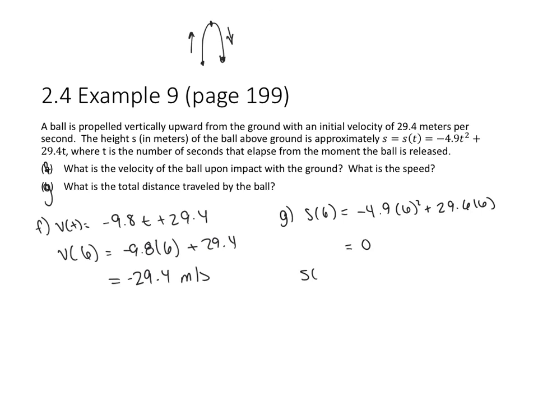So let's find my position at time 3. Negative 4.9 times 3 squared plus 29.4 times 3. I get 44.1. So I traveled up 44.1 meters. I'd have to travel down 44.1 meters. So altogether, I would have traveled 88.2 meters.